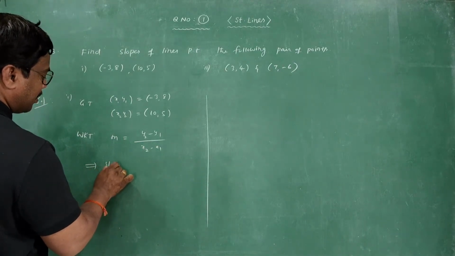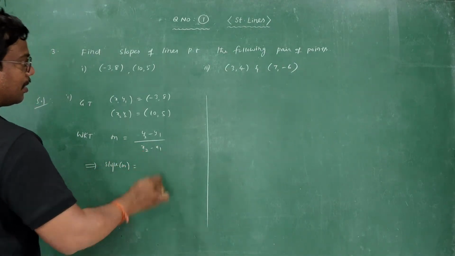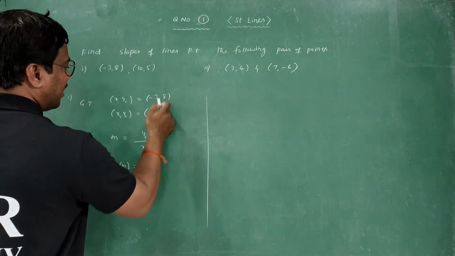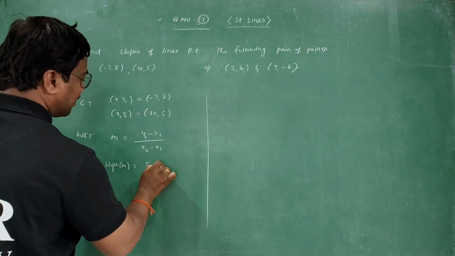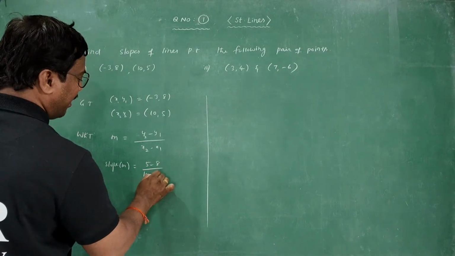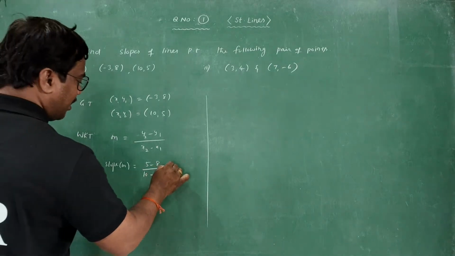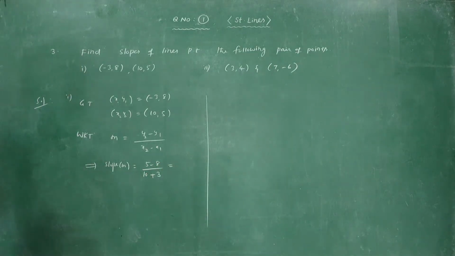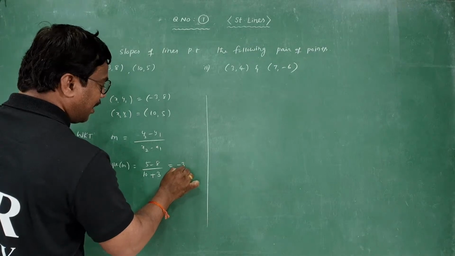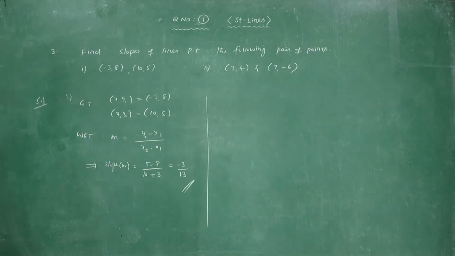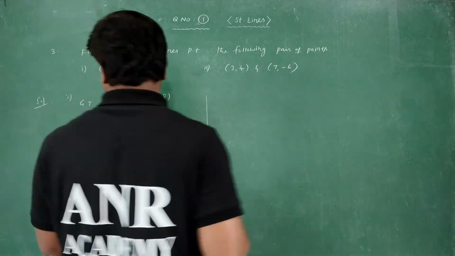That implies slope of the line passing through given pair, y2 minus y1, that is 5 minus 8 divided by 10 minus 3 gives 10 plus 3 in the denominator part. So that slope become 5 minus 8, that is -3, 10 plus 3 become 13. This is slope of the line passing through first pair.